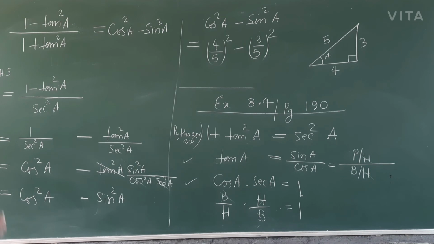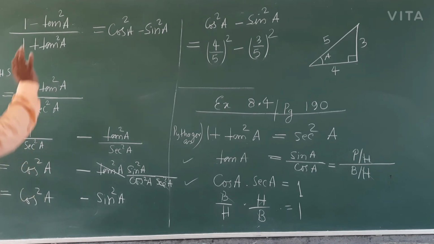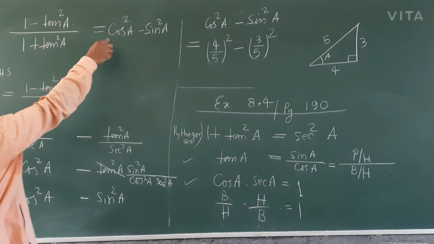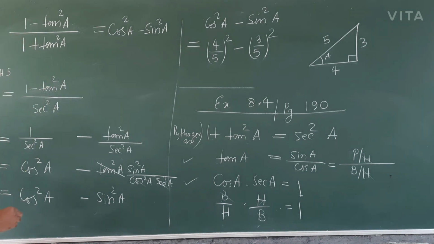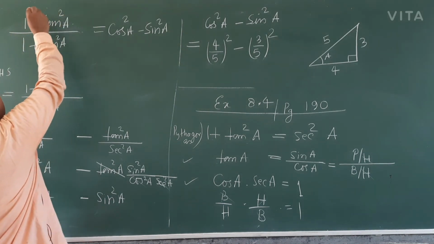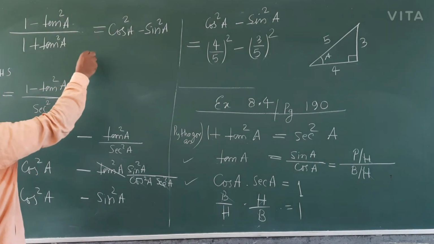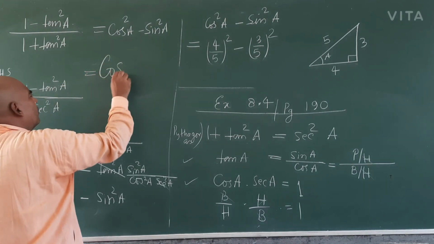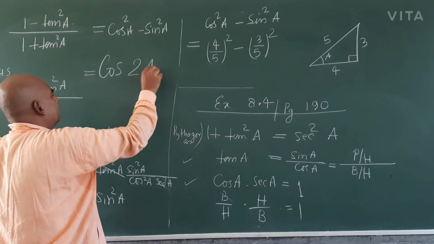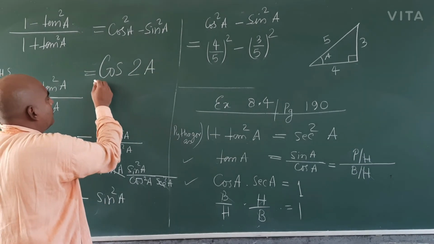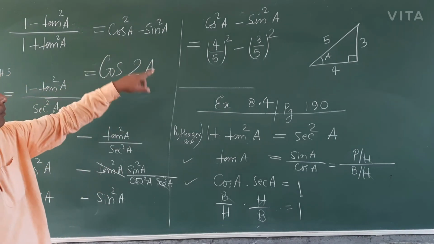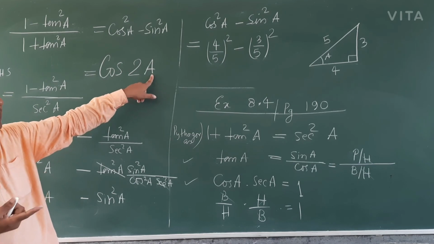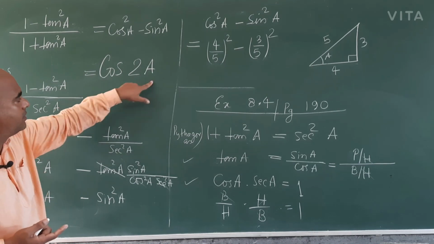In class 11th, when you go, you will find this is equal to cos of 2A. 2A means if you place A equal to 30 degrees, this will be cos 60.